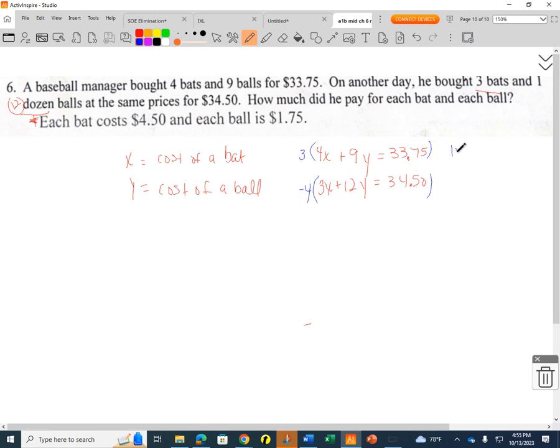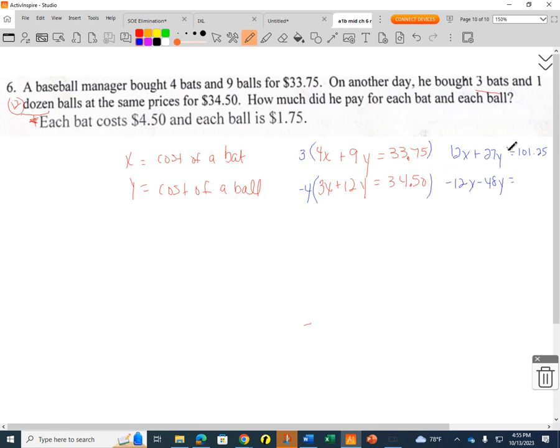So that's going to be 12x plus 27y equals 33.75 times 3. That's 101.25. And now I'm going to do this one. That's negative 12x minus 48y equals negative 4 times 34.50.